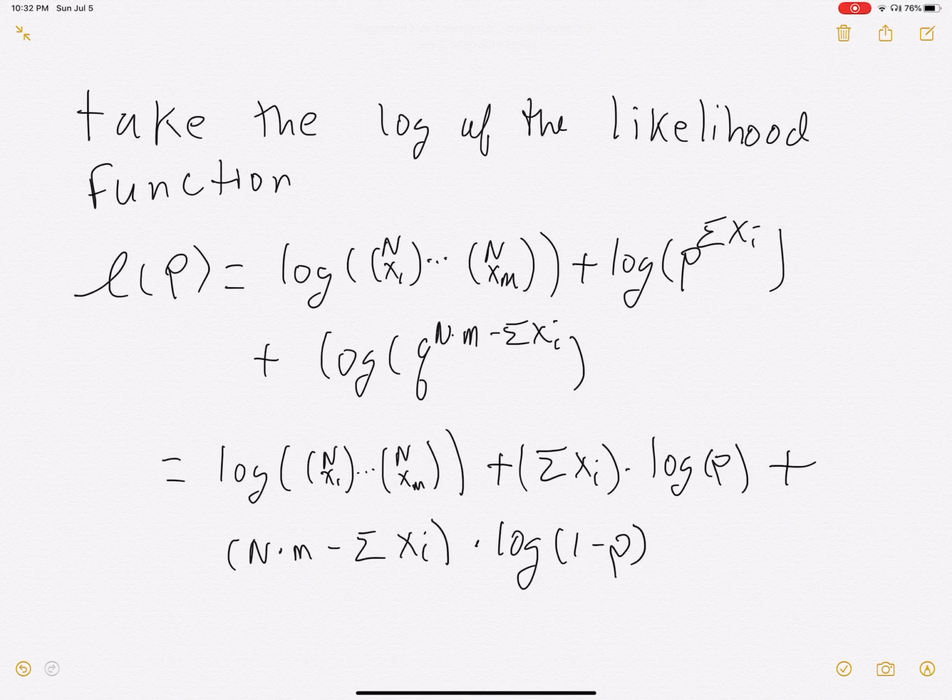Now, our next step is to take the derivative here. And keep in mind, the derivative is with respect to p. Okay?